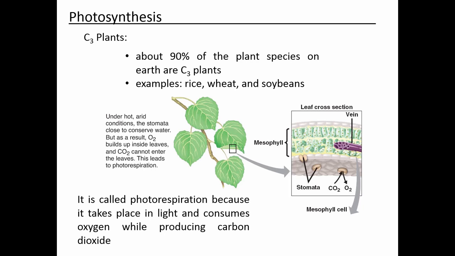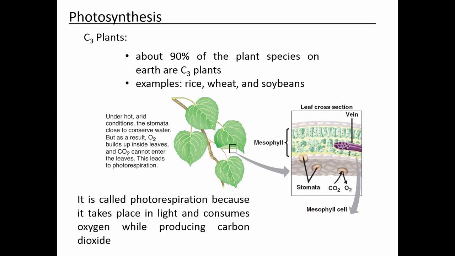So on the inside of the plant cells, your carbon dioxide levels are going to drop because you're using it in the Calvin cycle, and the concentrations of oxygen are going to go up. So closing the stomata results in conditions in which carbon dioxide levels go down and oxygen levels go up.